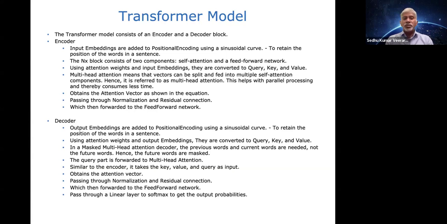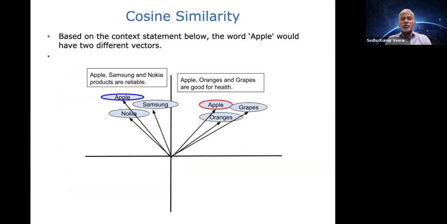Hence, the future words are masked. The query part is forwarded to multi-head attention. Similar to the encoder, it takes the key, value and query as input, obtains the attention vector, passing through the normalization and the residual connection, which is then forwarded to the feed-forward network, passing through a linear layer to softmax to get the output probabilities.